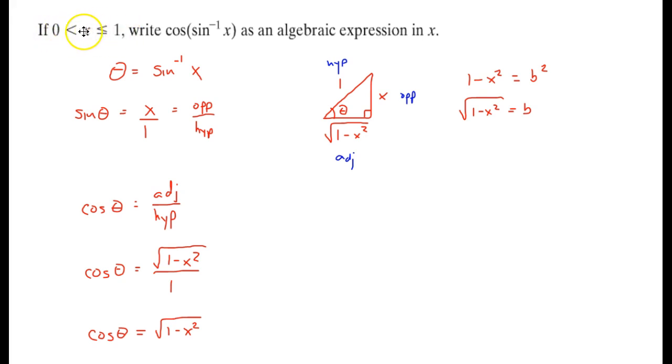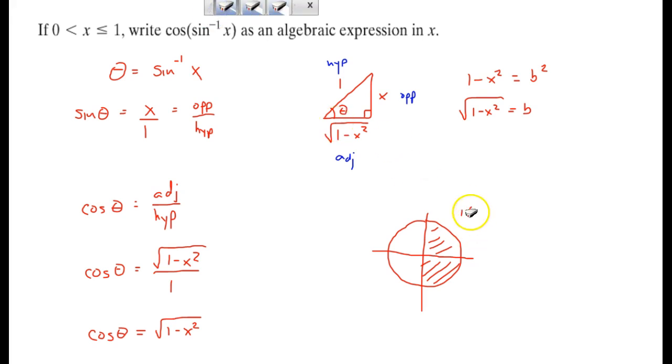If we had a negative angle, that's quadrant 4, and quadrants 1 and 4 are where arcsine is defined.